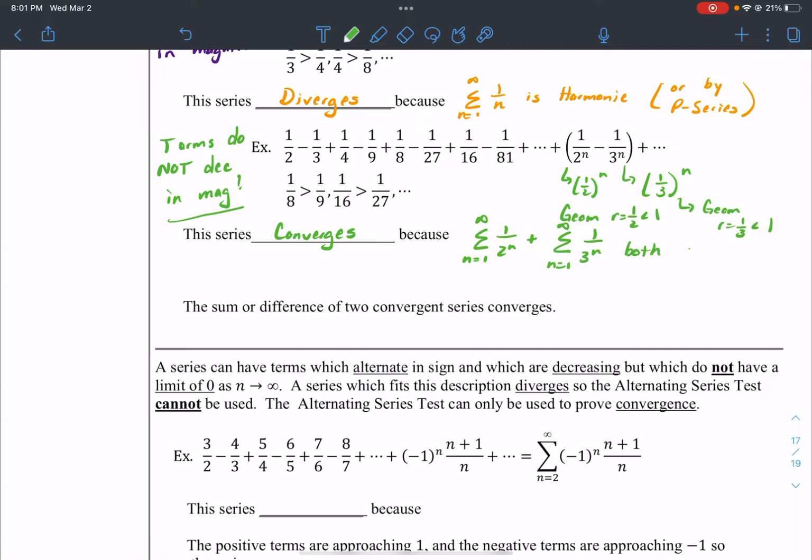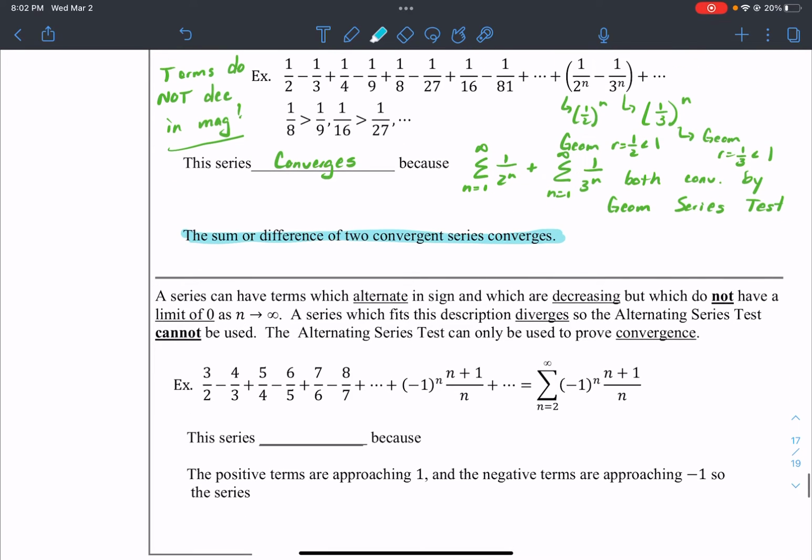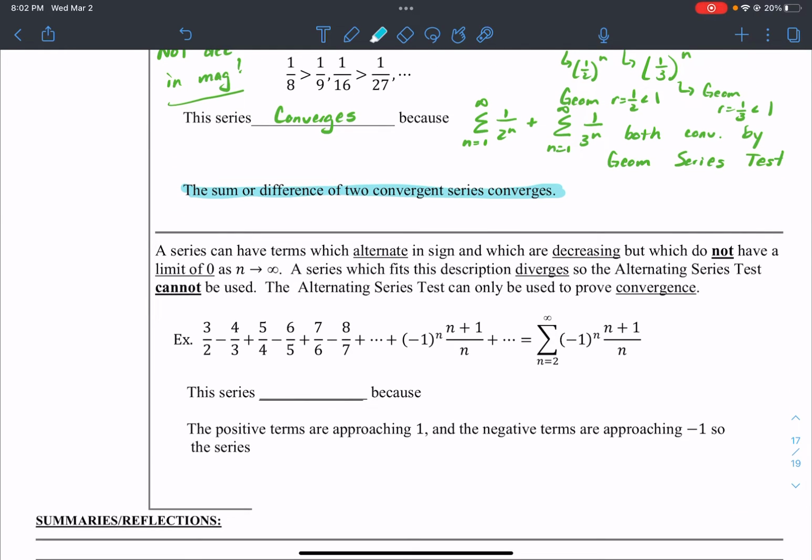Both converge, and they both just happen to converge by the geometric series test. I can look at them separately, but they both are using the same test to confirm that. Remember, if I have two converging series, I know the whole series is going to converge. A finite number plus a finite number is going to give me a finite number.